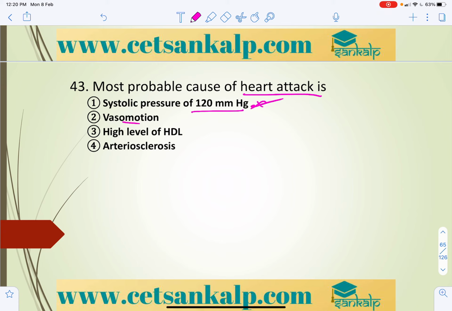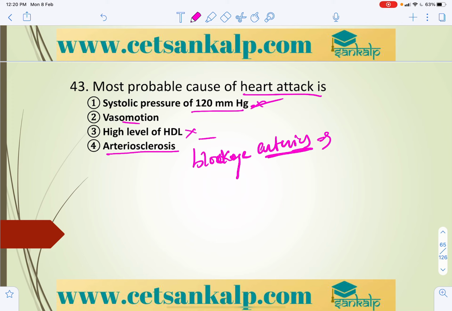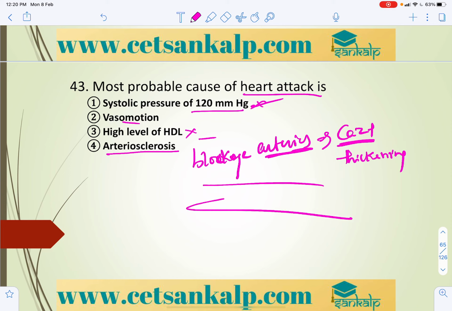Motion, no. High level of HDL, no. Arteriosclerosis, that is the blockage of arteries, because of the accumulation of calcium, the inner wall layer gets thickened and cannot show proper constriction and relaxation.